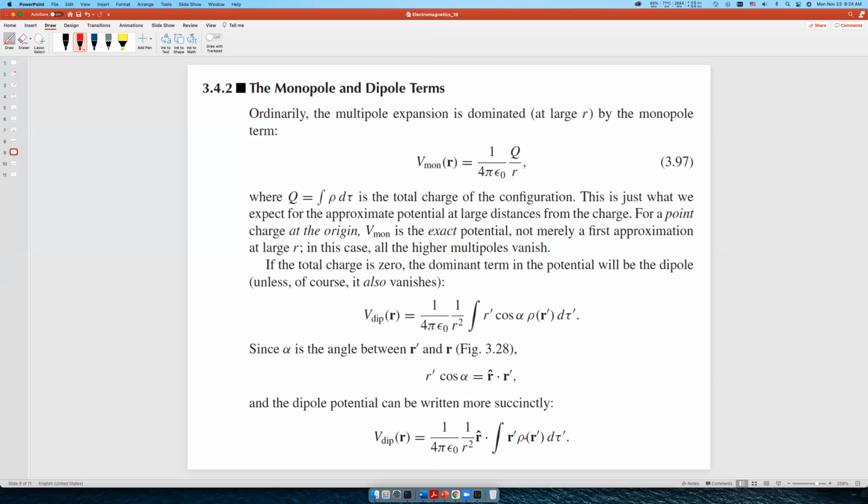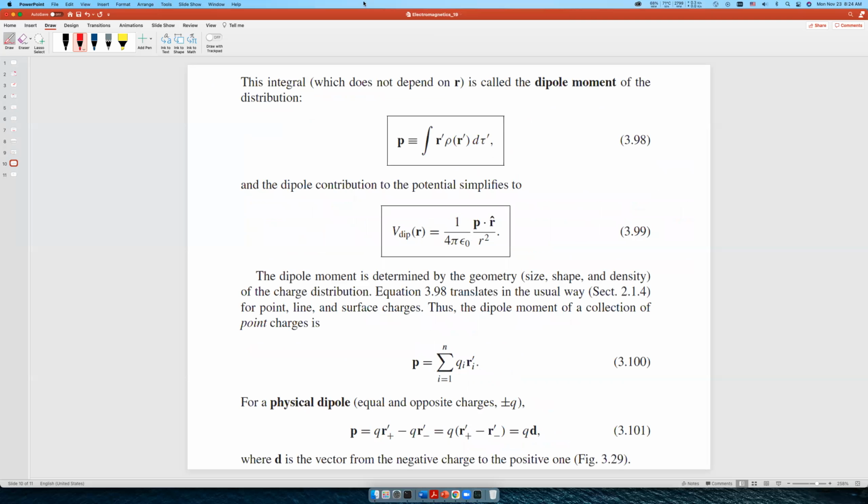So here you see cosine alpha is gone, because this is a dot product of two vectors. It contains the cosine alpha, so you don't have to write the cosine alpha again.